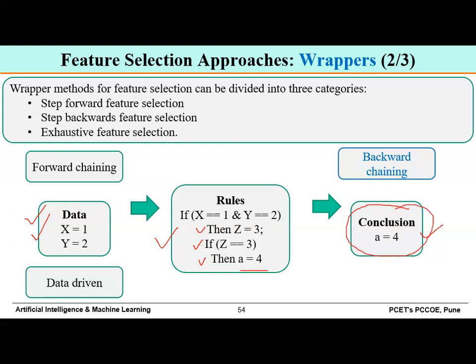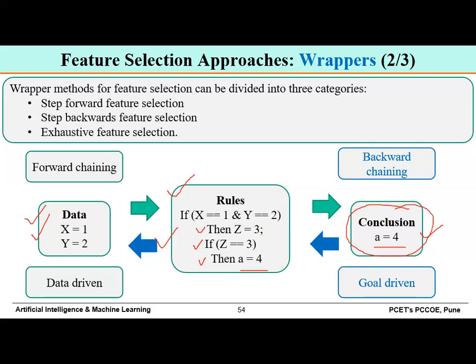Then if we know a is equal to 4, then we go back and we will try to find out what will be the basic rules in order to get this conclusion, that is a equal to 4. And once we understand the rule, then we go ahead and we find out what is the data. So is it clear? And that's why the backward chaining is called a goal driven approach.